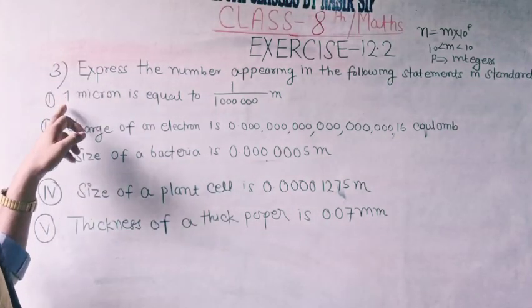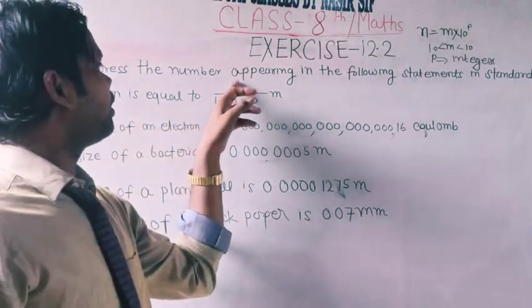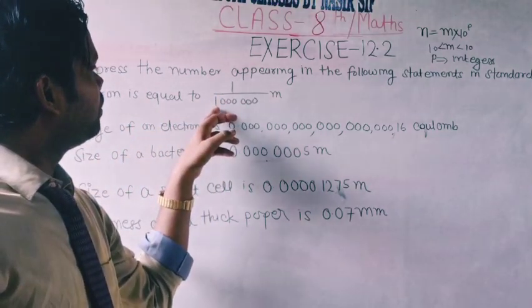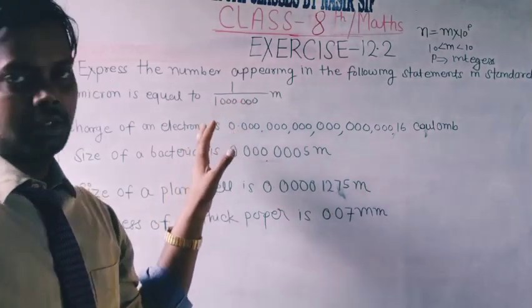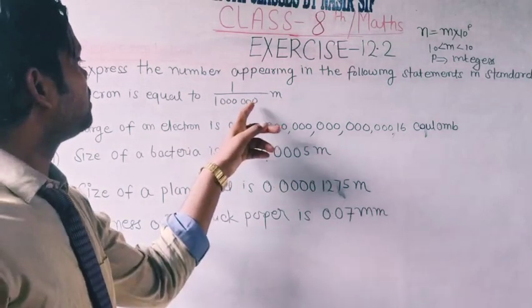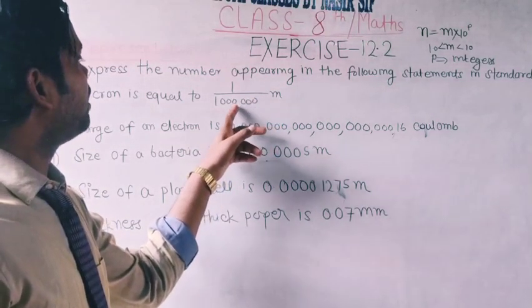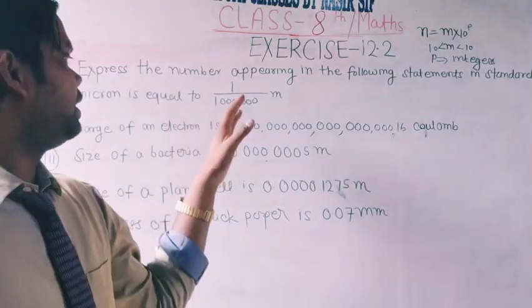It is given: 1 micron is equal to 1 upon 1,000,000 meter, that is 1 upon 10 lakh meter.